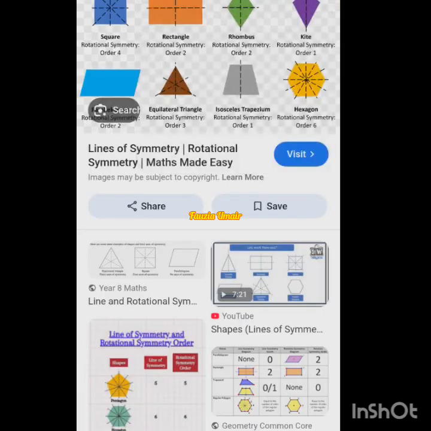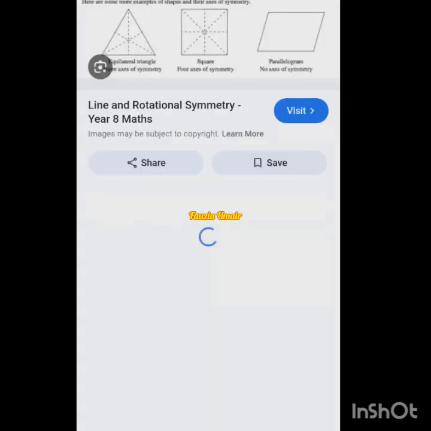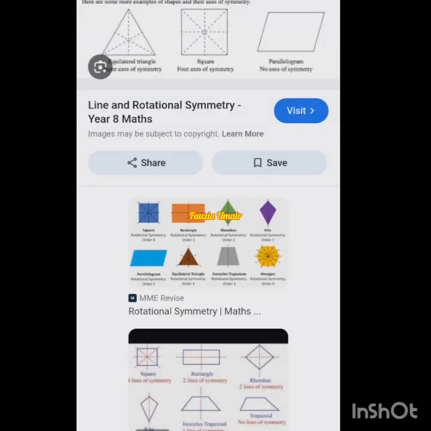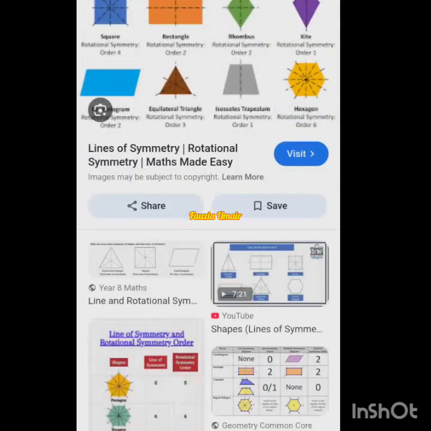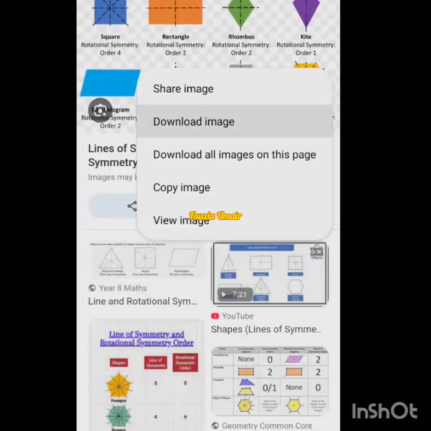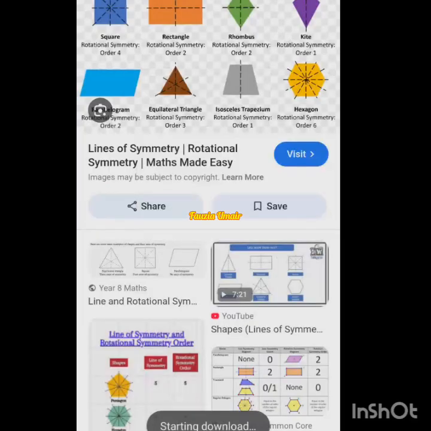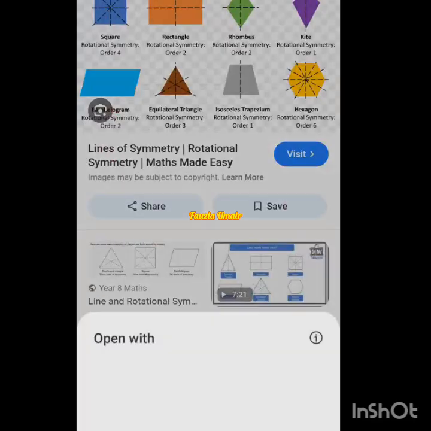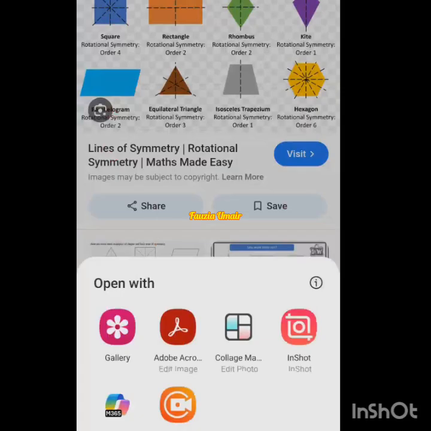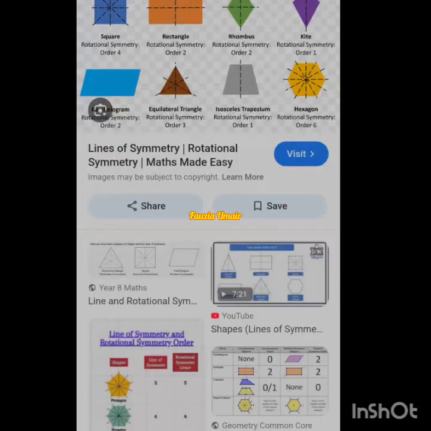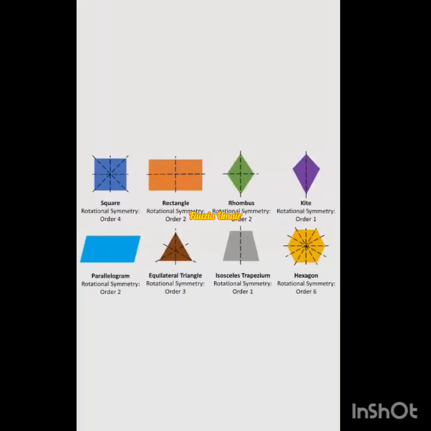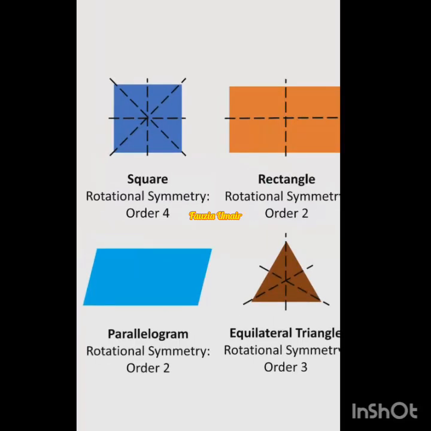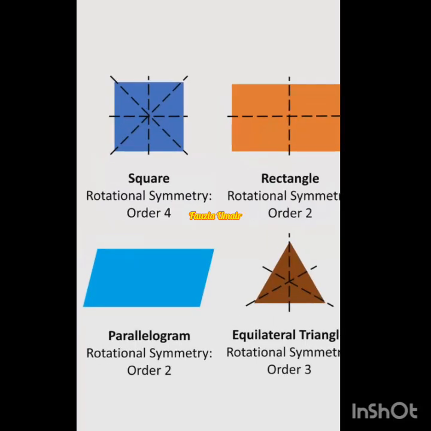One second, let me download it. So then probably I would be able to edit it, right? So a square has four rotational symmetry. Can you tell me how this rotational symmetry is four?